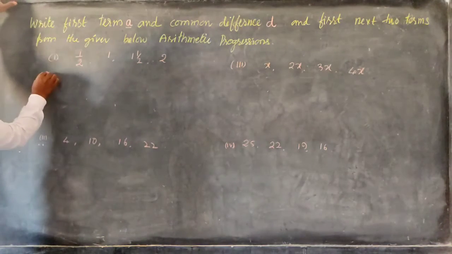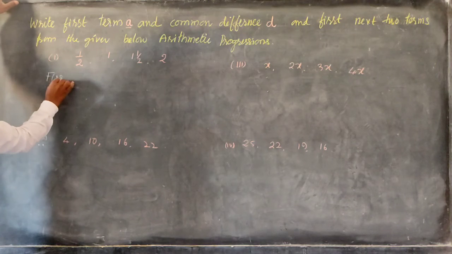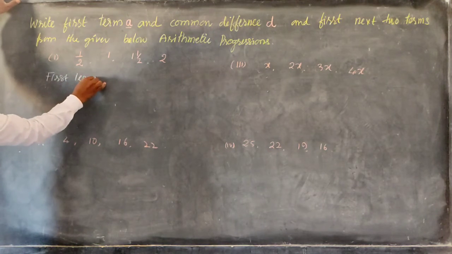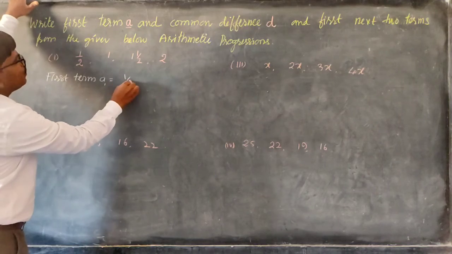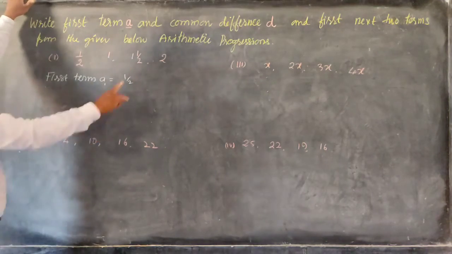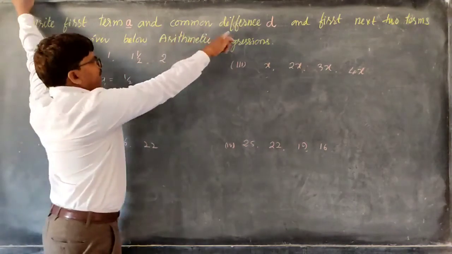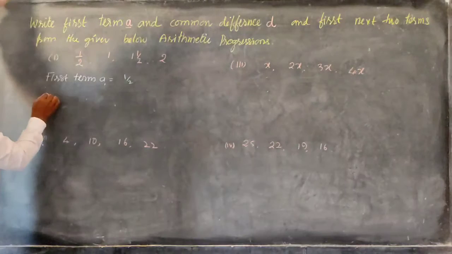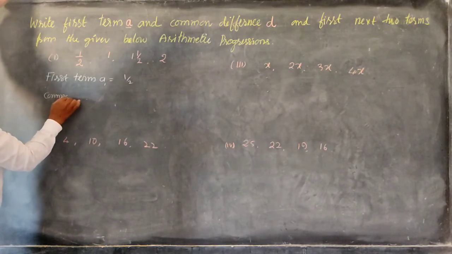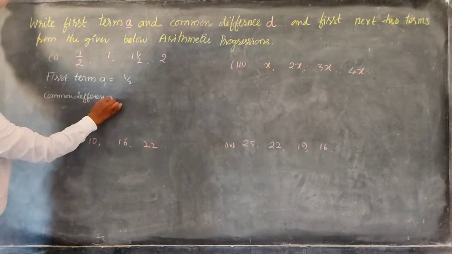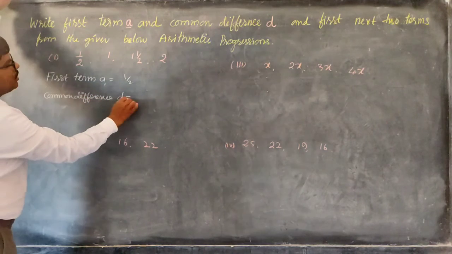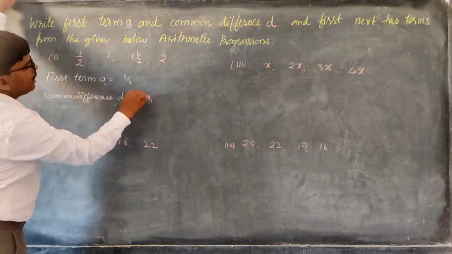Now see here, take the first one. The first term A1 is equal to 1 by 2, and we have to write the common difference. Common difference D is equal to A2 minus A1.